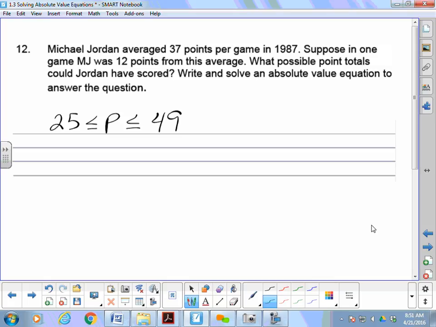Okay, so let's think about what that inequality would have looked like. All right? So we have two numbers that we really care about, correct? 37 and 12. All right? So if we go backwards for a moment, okay? How did I get those two numbers? What did we do? Okay, we subtracted 12 and added 12, right? Okay. So would my inequality look like this?